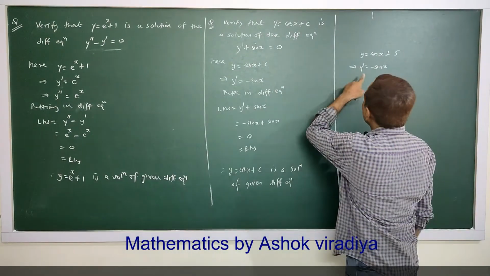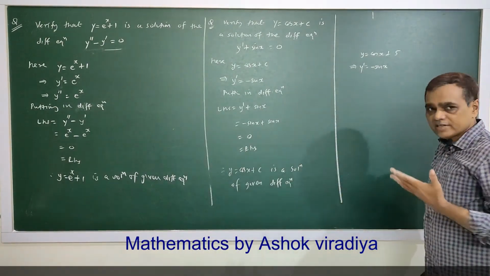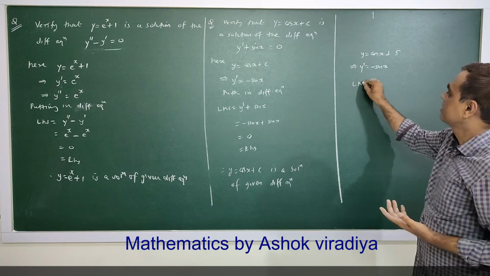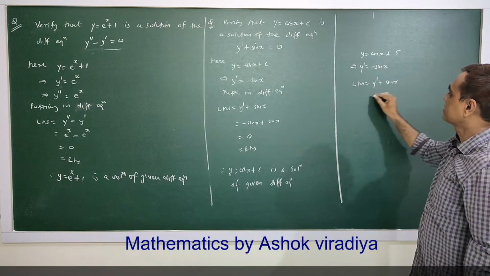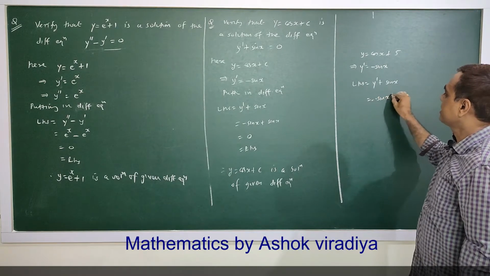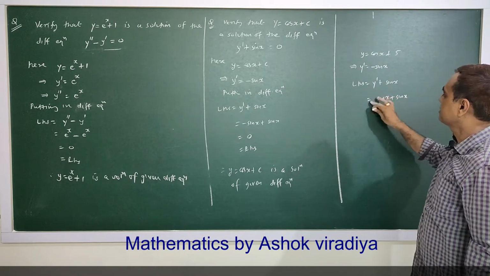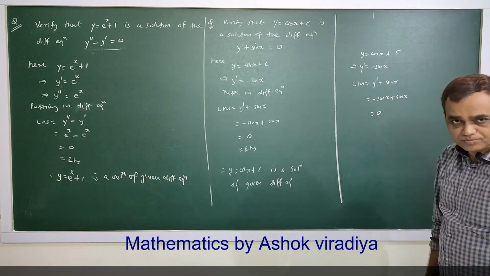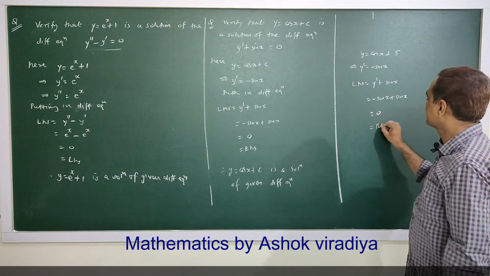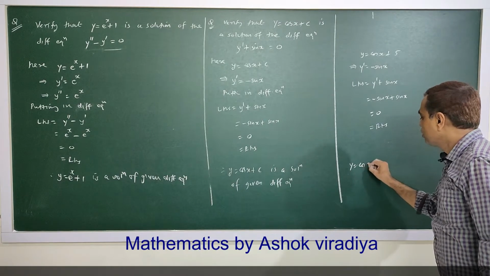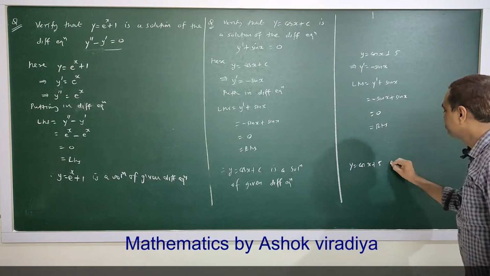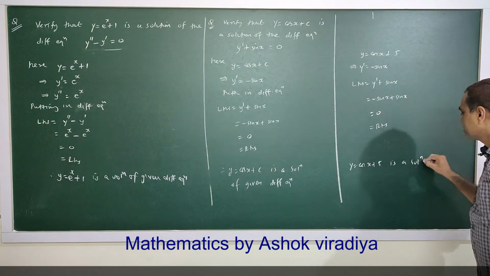Now putting this y dash in the given differential equation, LHS is y dash plus sin x, minus sin x plus sin x, so it is 0. This is RHS. So y equal to cos x plus 5 is a solution.